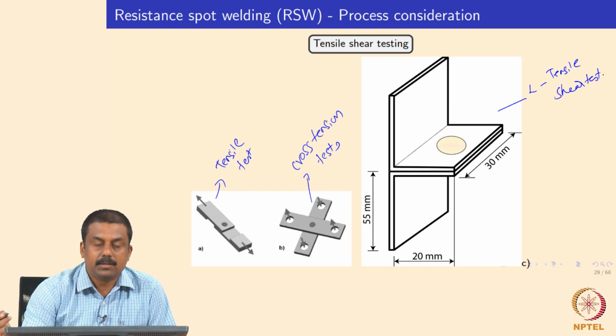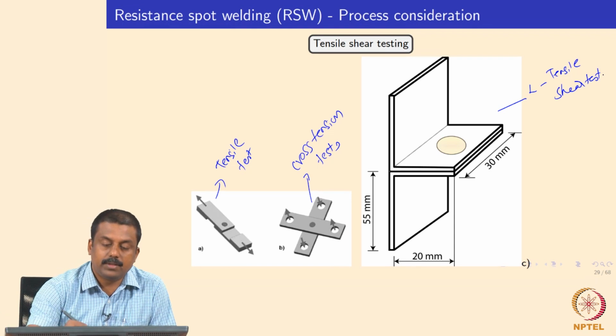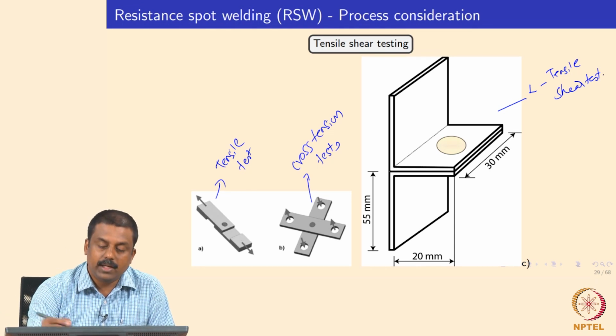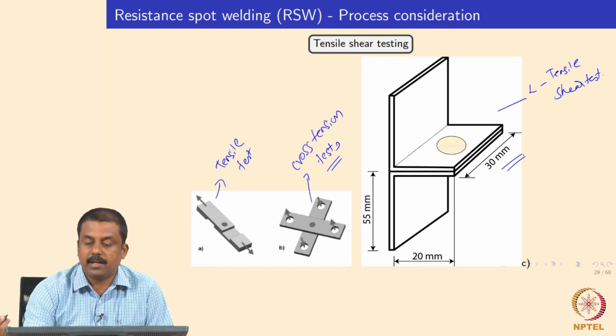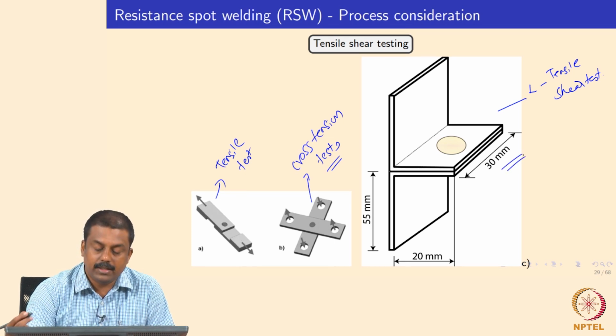The automotive industries generally use either the cross tension test or the tensile shear test with L shapes.